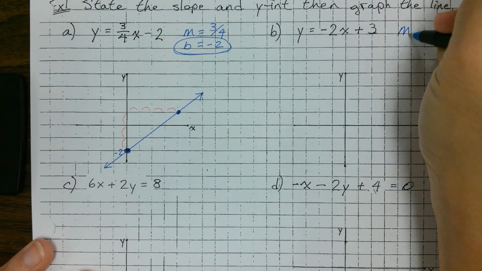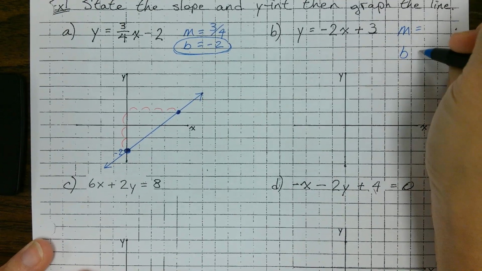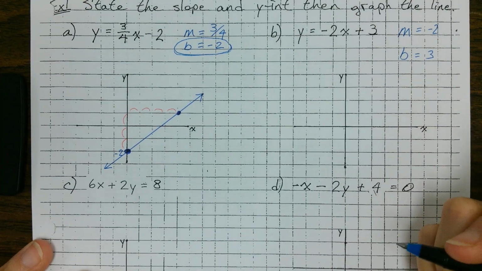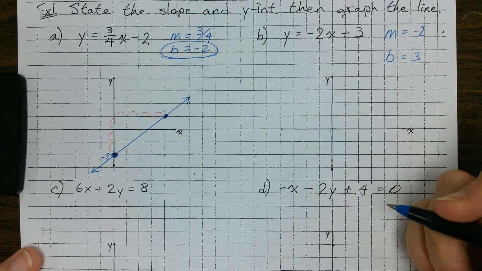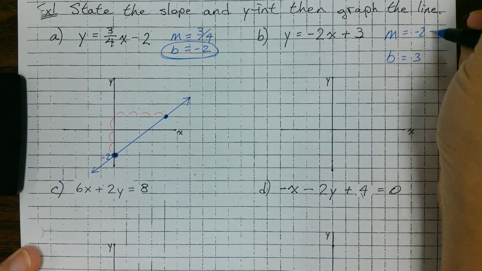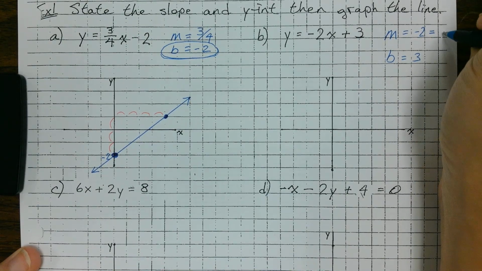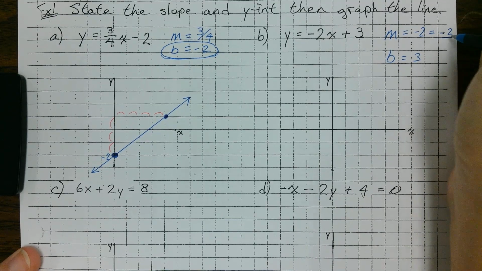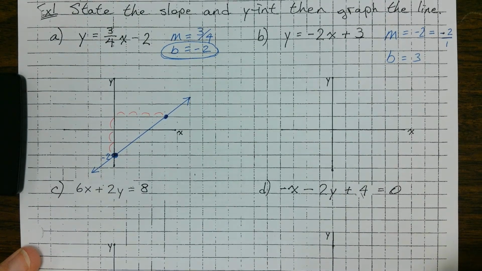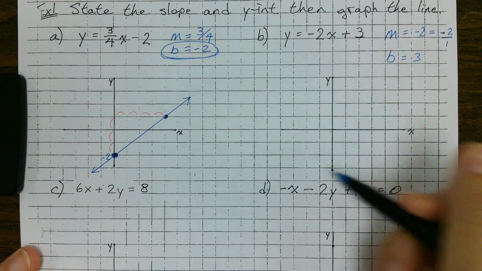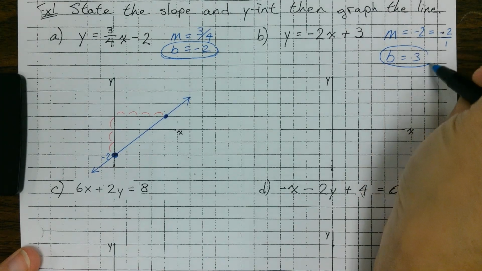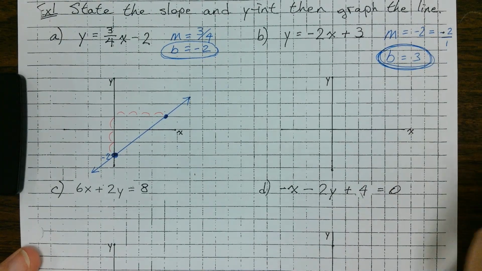What is my m? What is my b? Good. Remember yesterday's, instead of just -2, sometimes I wrote the fraction as well. So if I were to write this as a fraction, this is -2 over 1. Good job. So what point am I graphing first? Your y-intercept. Always, always, always plot your y-intercept first.